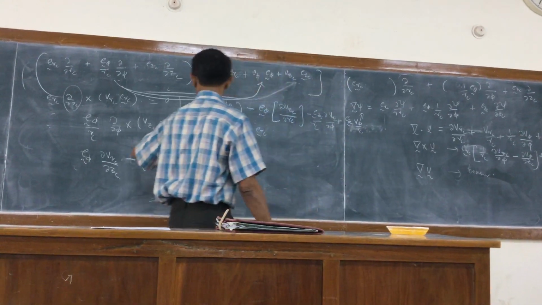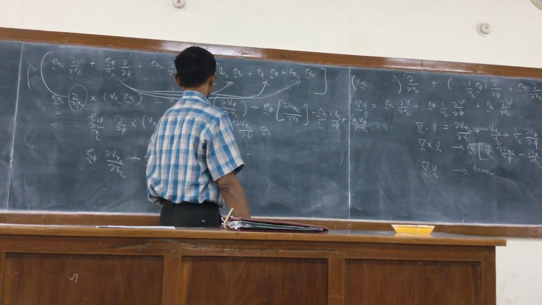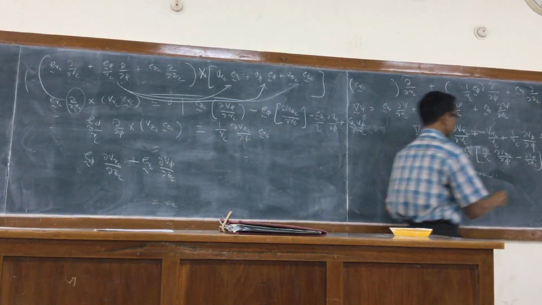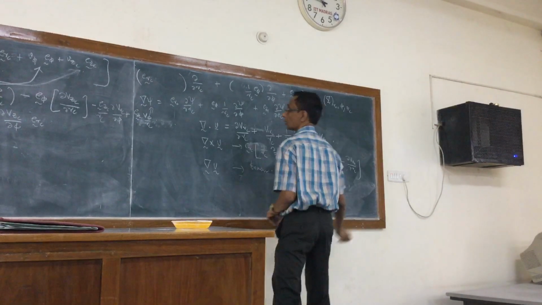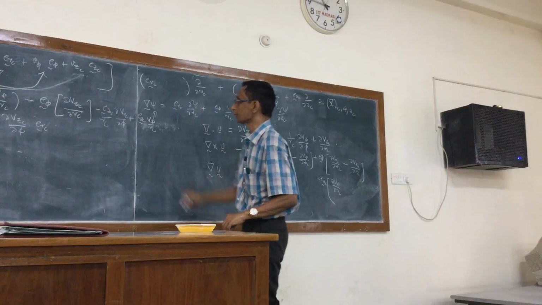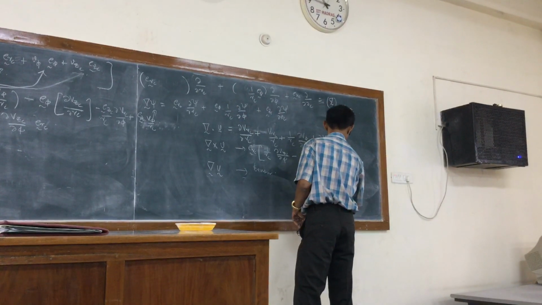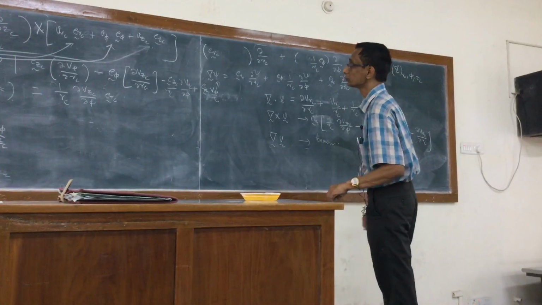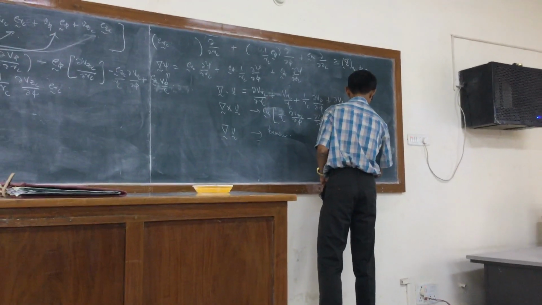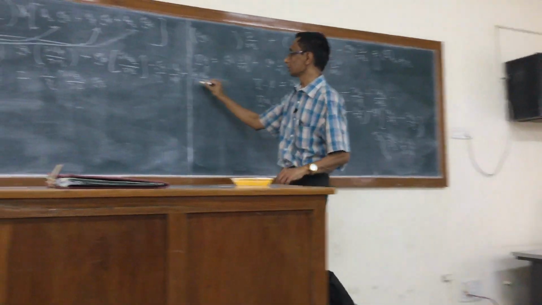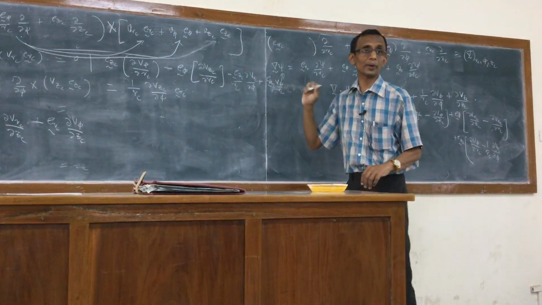So there I have e_zc, dv phi by drc, minus 1 over rc dvrc by d phi, but that's not all. I'm getting an additional term, v phi by rc.